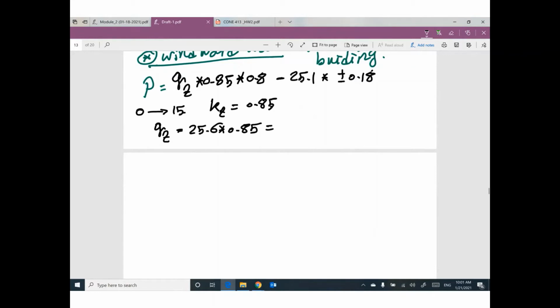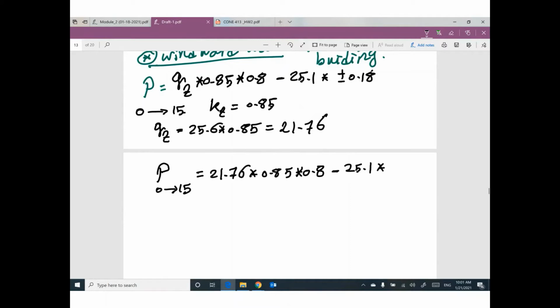This value equals 21.76. So your final pressure from 0 to 15 equals 21.76 times 0.85 times 0.8 minus 25.1 times plus or minus 0.18. You will have two values because we have plus or minus.